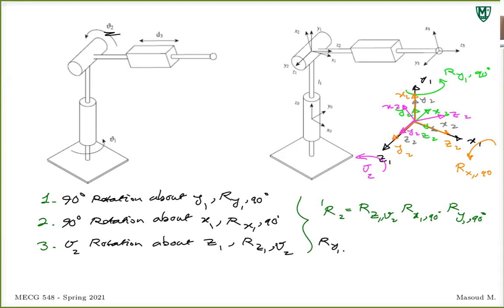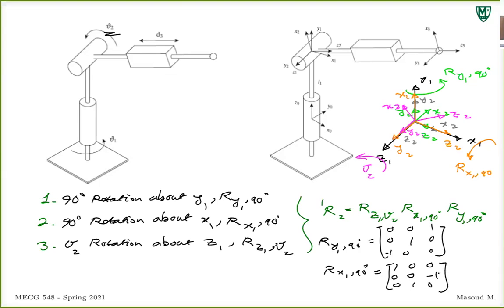R Y1 90 degrees. Actually, it's easy to write because it's cosine 90 degrees. So it comes 0, 0, 1, 0, 1, 0, and then minus 1, 0, 0. And that R X1 90 degrees is 1, 0, 0, then 0, 0, minus 1, and then 0, 1, 0.